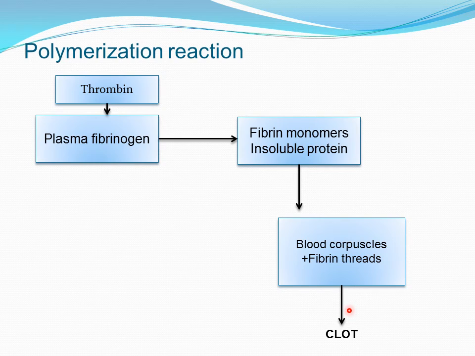Now generally blood clots within 2 to 5 minutes of injury. But however, when a person is having vitamin K deficiency, which is required, why? For the production of prothrombin from the liver. So we have told already that prothrombin is produced in the liver.